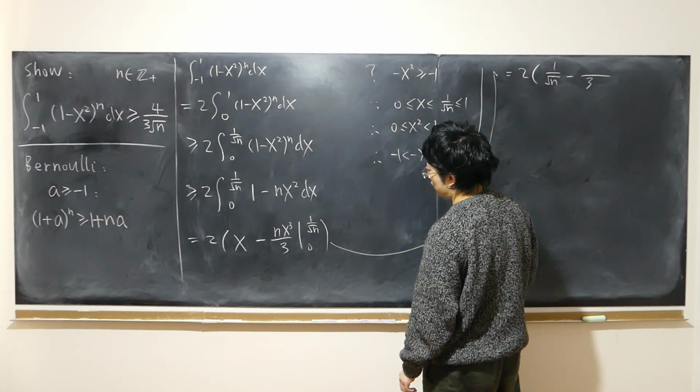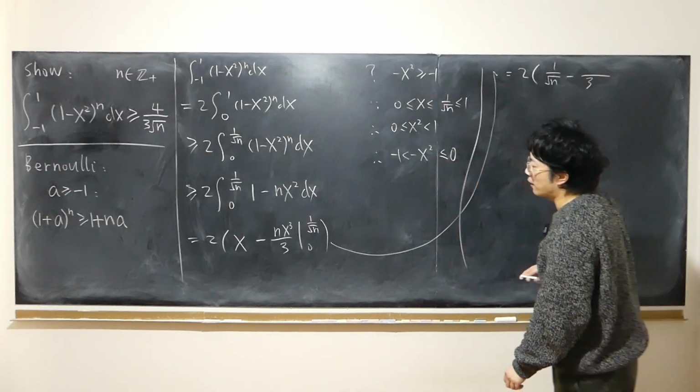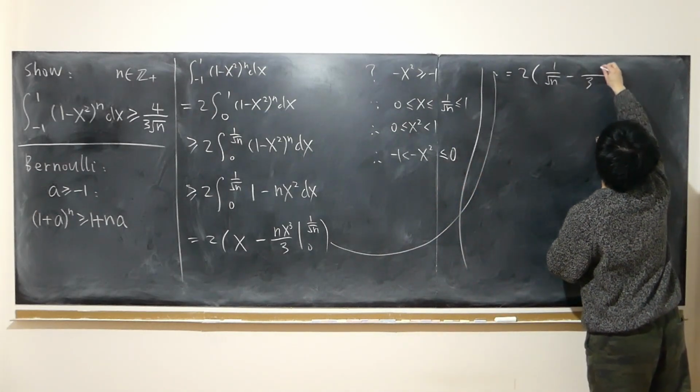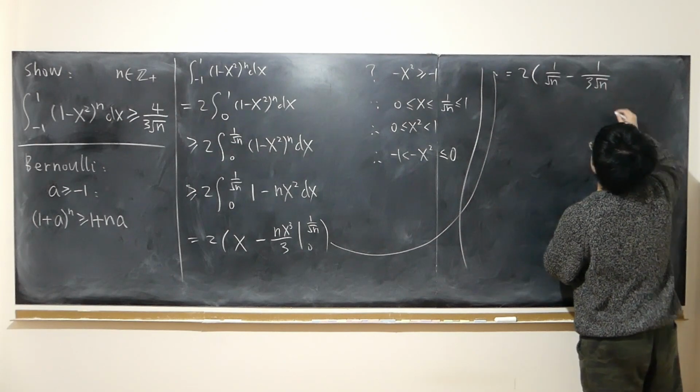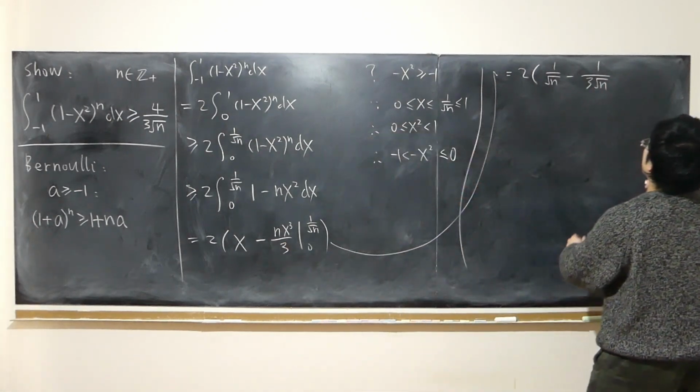And 1 over n cancels out, and still I have 1 over square root of n. And when x becomes 0, 0 minus 0 is still 0, so we're fine.